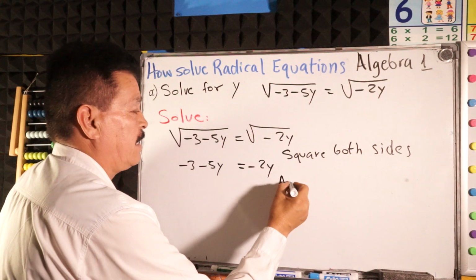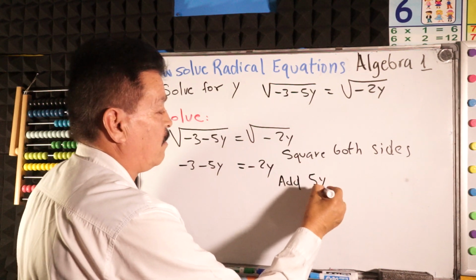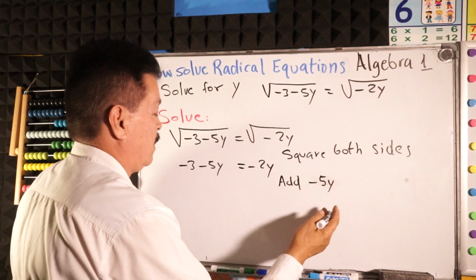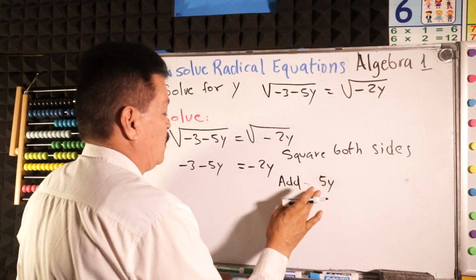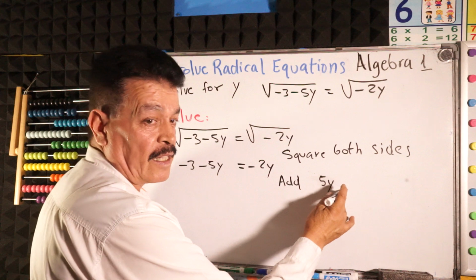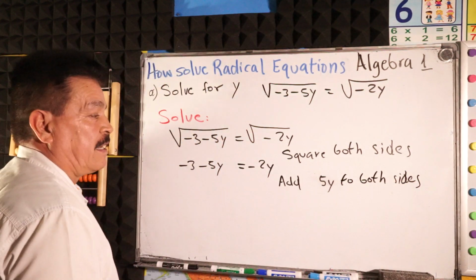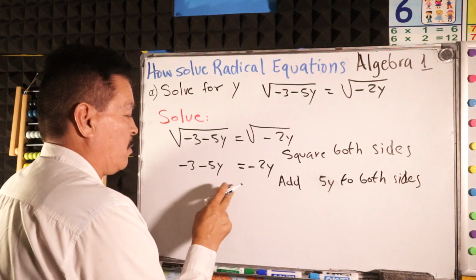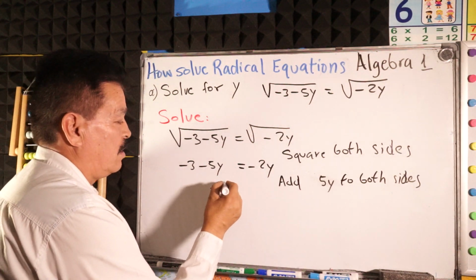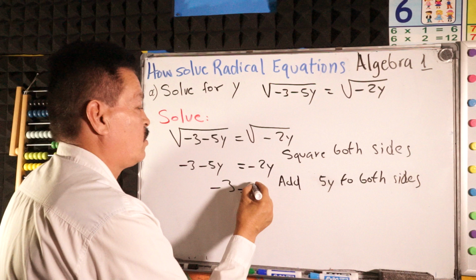So add positive 5j to both sides, because when you move it to the other side, it changes sign. Then the terms cancel, and you have negative 3 equals positive 5 minus 2, which is 3j.